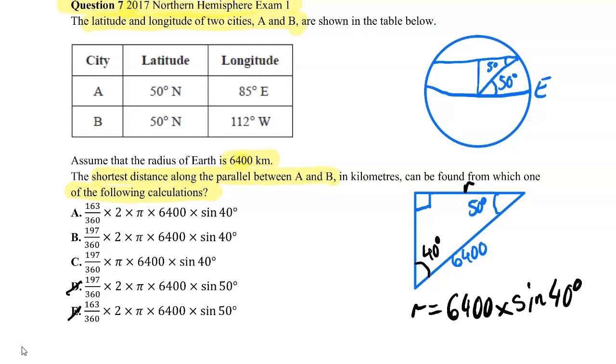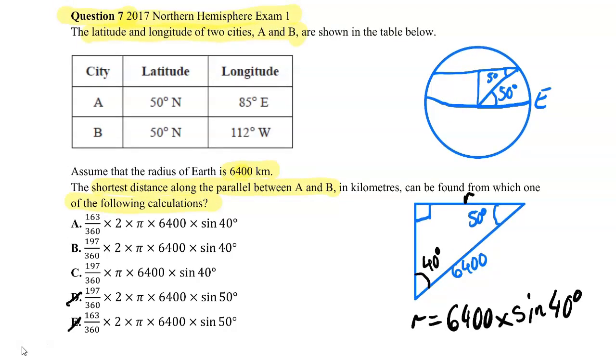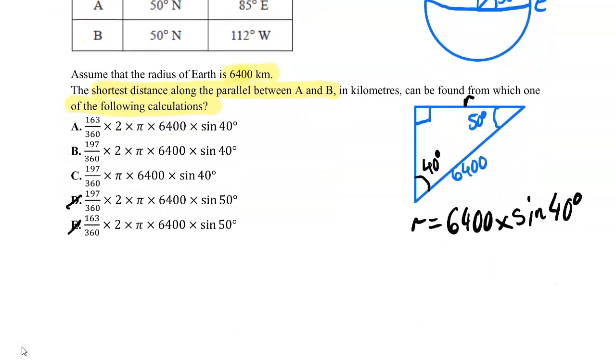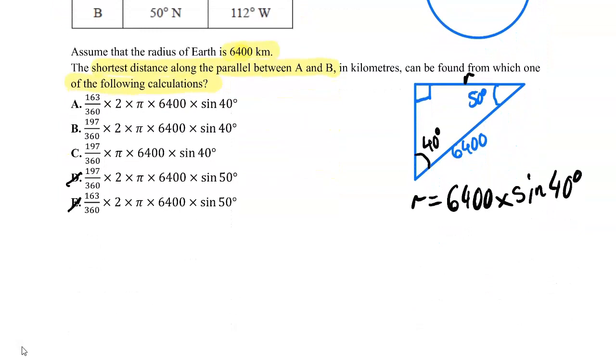Now for the next bit, we know this one's on longitude 85 degrees east, and this is on longitude 112 degrees west. So this one is difficult because you've got to think about the Earth, the planet, and the distance between them, the angle between them.